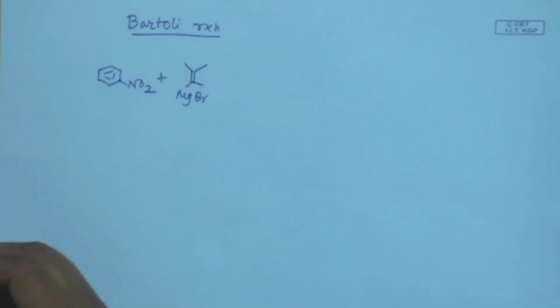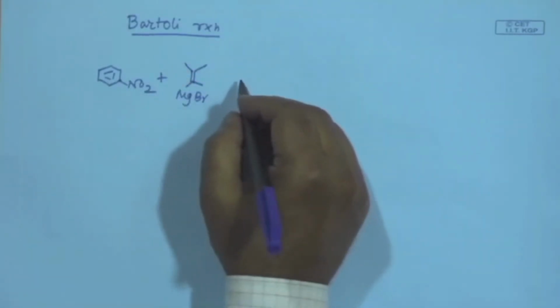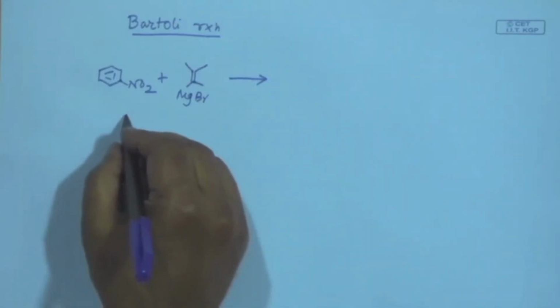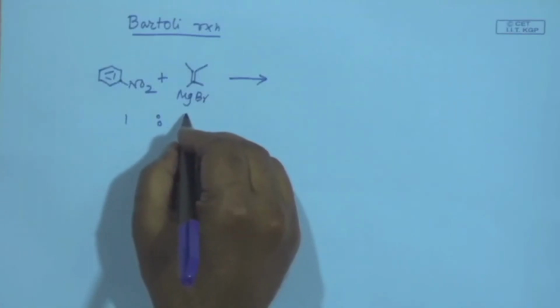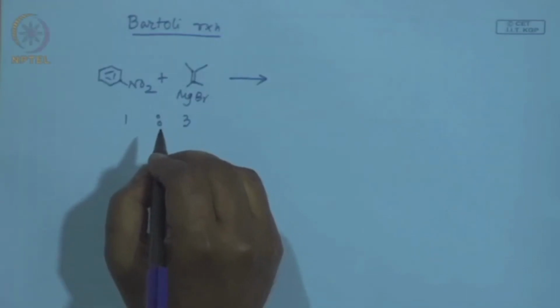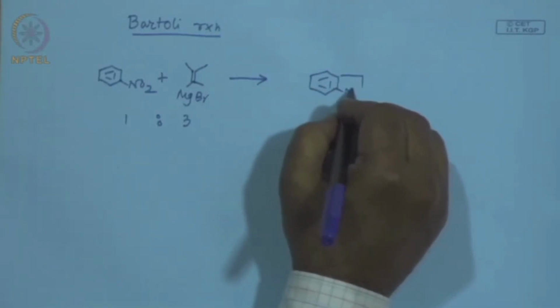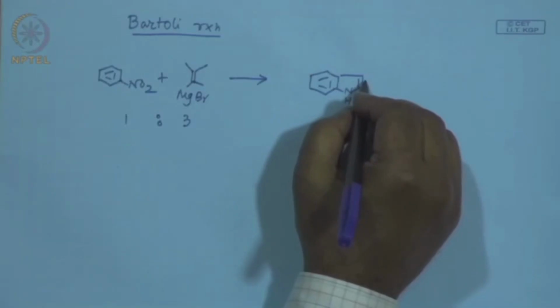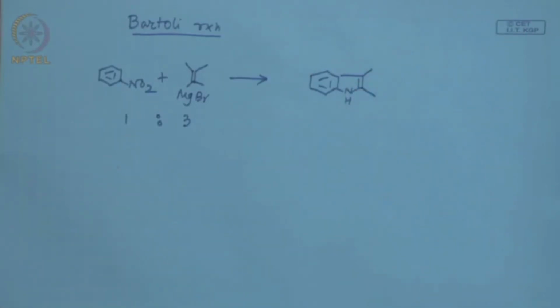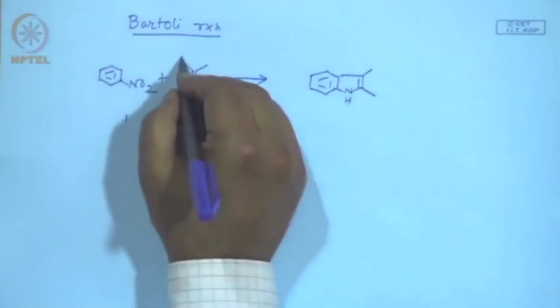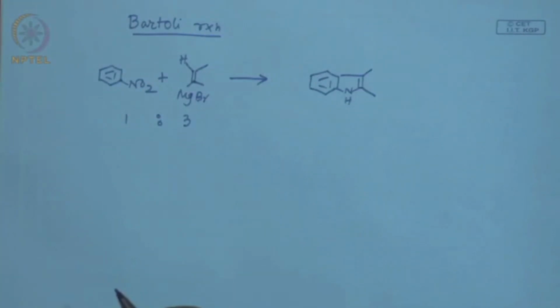You do not have to do anything, just mix them, but the ratio of the starting materials should be 1:3, that is the minimum, and the product that you are going to get straightaway is this indole. So, it's a neat reaction.